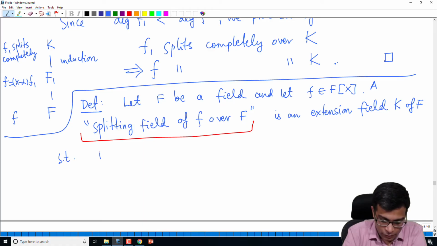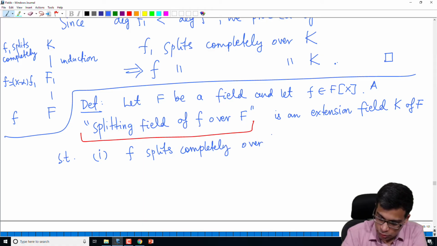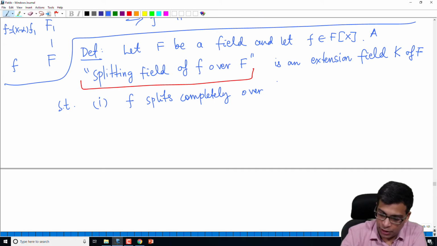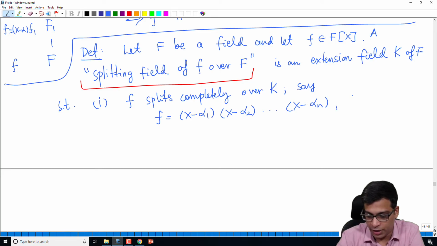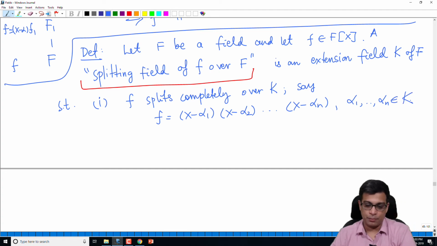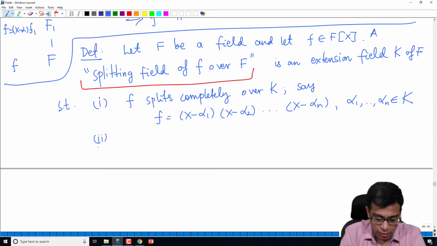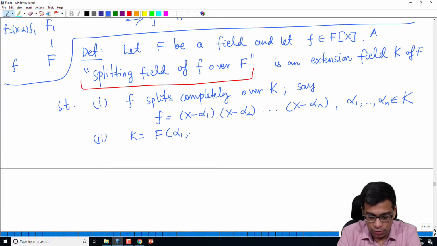such that two conditions hold. f splits completely over the bigger field, over capital K. Say f can be written as (x minus alpha 1)(x minus alpha 2)... Remember, splitting completely means it is a product of linear polynomials and they are all in capital K. So it is a product of linear polynomials over capital K, and capital K must be generated by these roots.